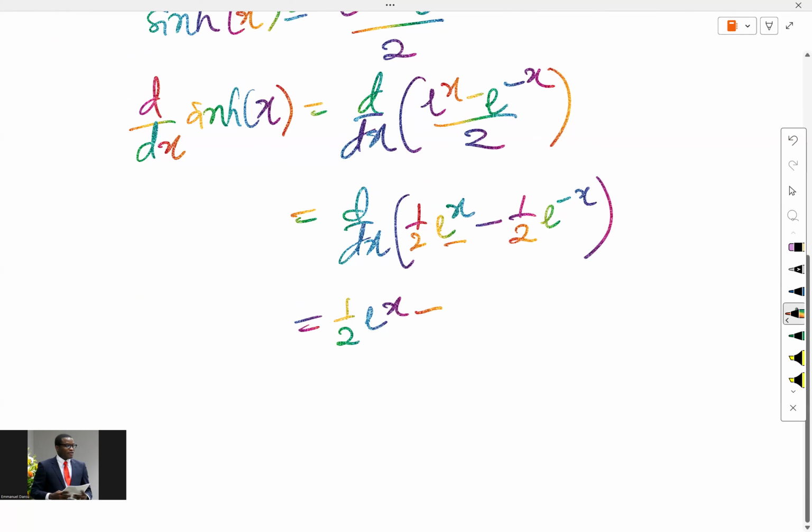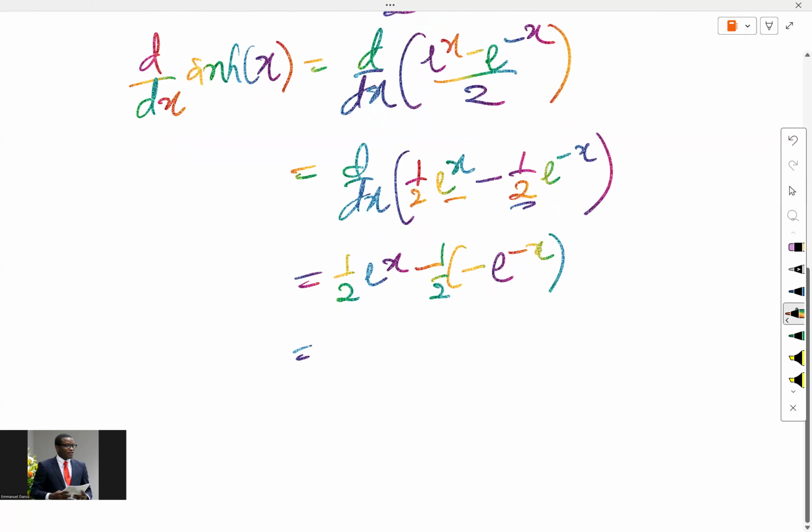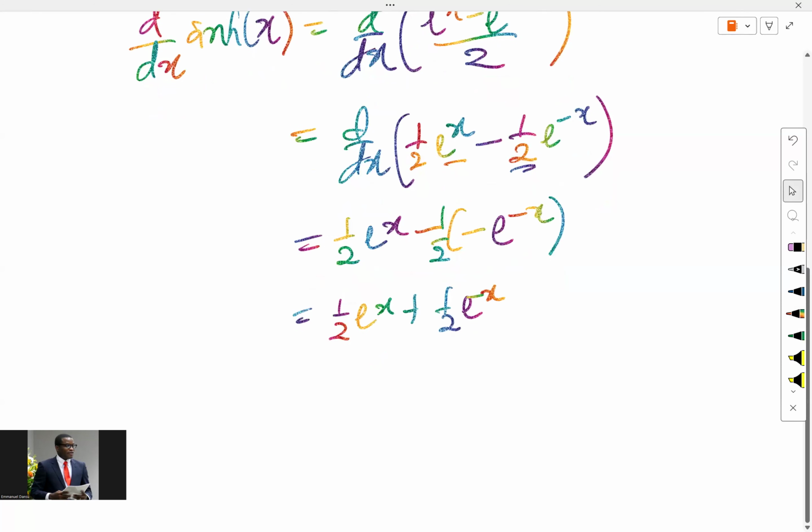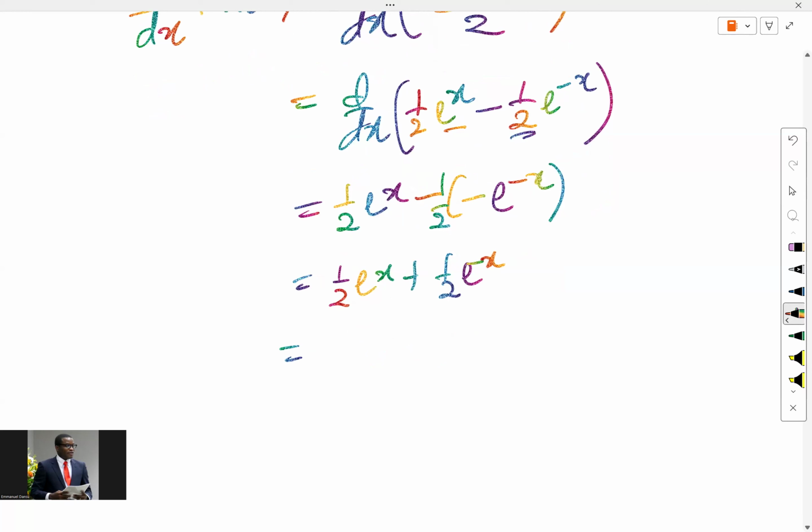Then when you differentiate e^(-x), the half is outside, and differentiating minus x you get minus 1, so the minus comes down and you still have minus e^(-x). So you have half e^x, minus times minus is plus, half e^(-x). Taking the LCM again, you have e^x plus e^(-x) divided by 2. Now, does this look like what you've seen before?